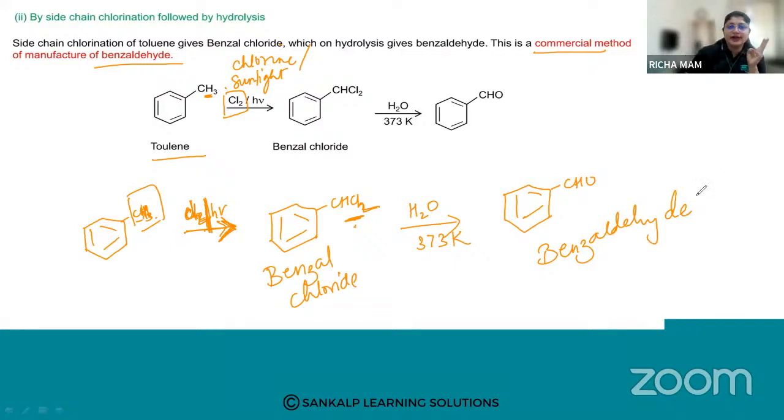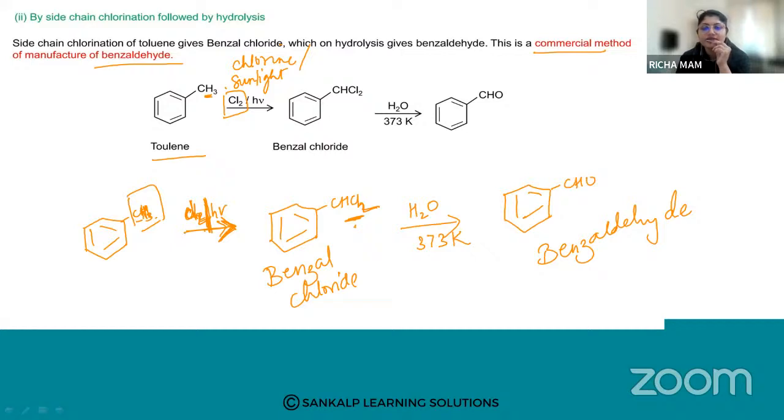So from hydrocarbons, we have seen three reactions. One was the Etard reaction, where we are treating our toluene with chromyl chloride, and we'll get a benzaldehyde. Then second was with chromic acid. Toluene, when we react with chromic acid in the presence of acetic anhydride, you will get a benzylidene diacetate.